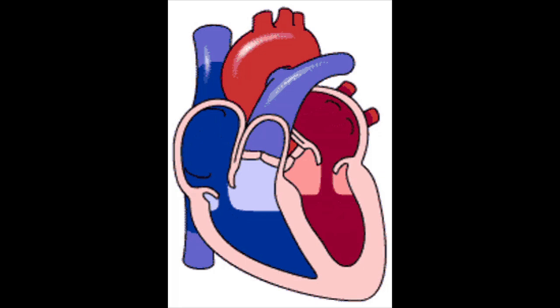It receives oxygen rich blood from the lungs and then pumps it to the rest of the body. This process is a continuous cycle which involves contraction and relaxation of the heart chambers, ensuring that there's a constant flow of blood happening.